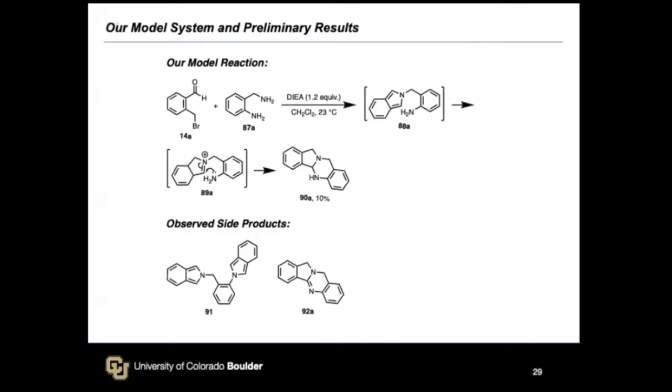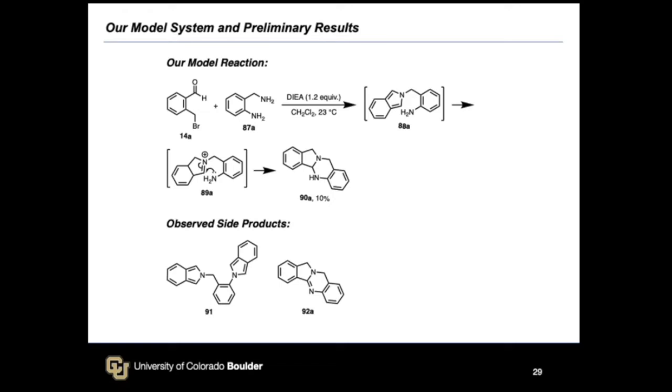We chose 87A as the diamine for our model system because it could be used to access analogs of compounds with a variety of important biological activities, which I will come back to in a couple of slides. We also wanted to use a non-symmetrical diamine that was easily modifiable because that would add regioselectivity and interest to the reaction.